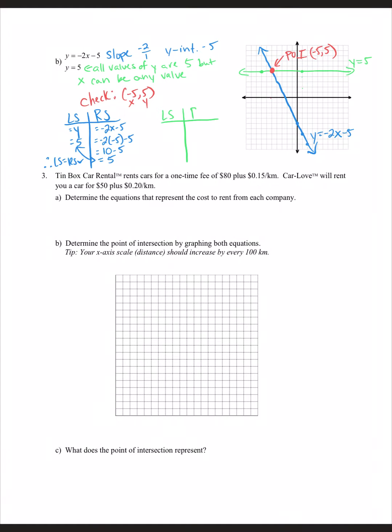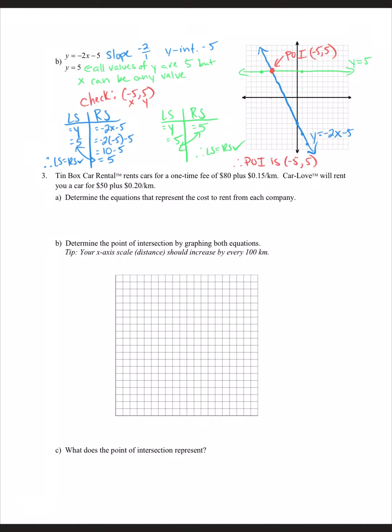So we'll do a left side, right side. So the left side is just equals 5, and the right side is 5. So our y value is 5, so not much really to check there. You can see that that does work out. So therefore, the left side equals the right side. So that checks out as well. So one more time, we can conclude that therefore the point of intersection is -5, 5.